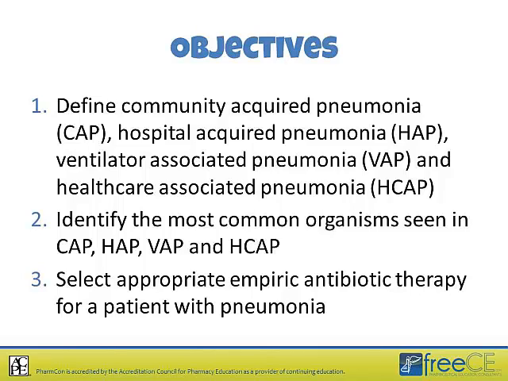And then certainly we know in order to be able to select empiric antibiotic therapy, identifying the most common organisms seen in particular infections is what leads us to select that empiric antibiotic therapy. So I think each of these objectives really ties into each other, and hopefully by the end of the presentation you'll feel very comfortable with how to determine which type of pneumonia your patient has and what the most appropriate course of treatment is going to be for them.